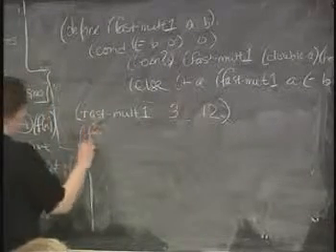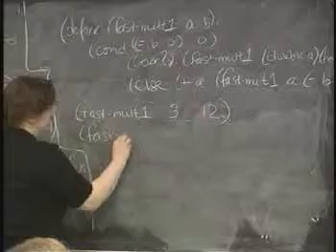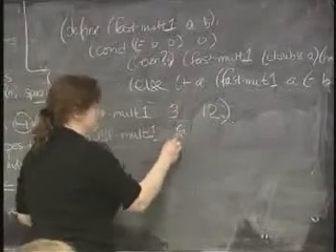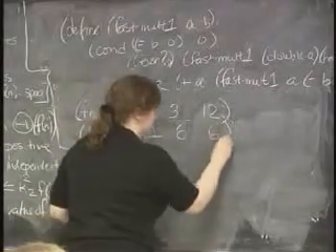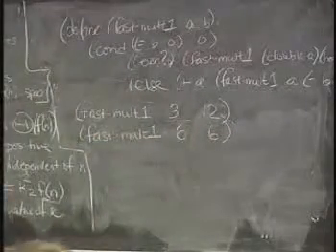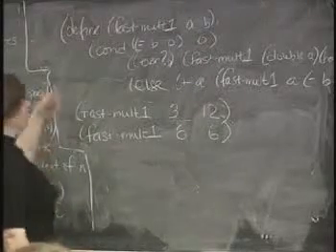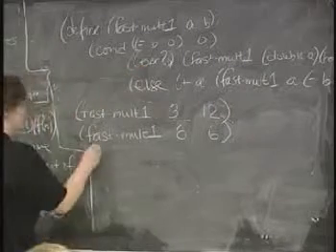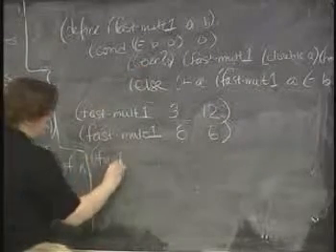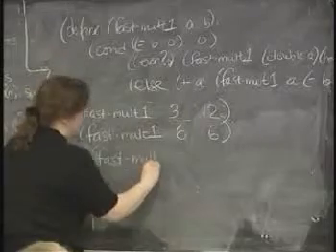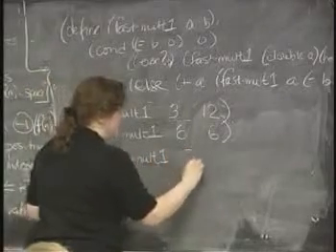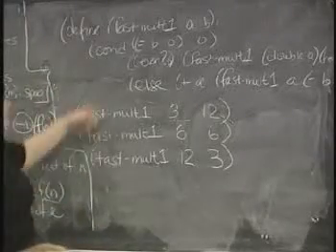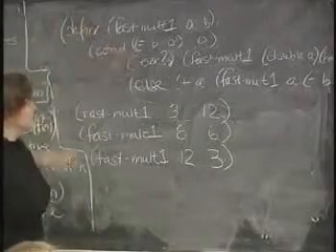Yes. We call fast mult 1 on double A, half B. Double and half are defined on the sheet you guys have. We come back, make the call to fast mult. B is not 0 yet, but it is even. So we call fast mult 1 on double A, half B.